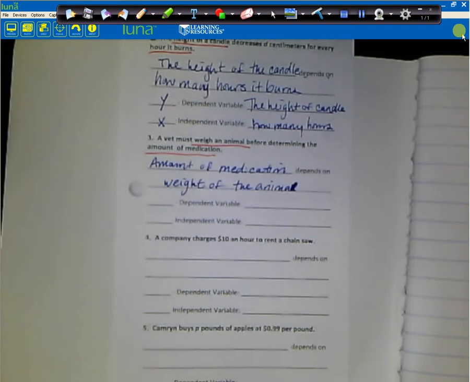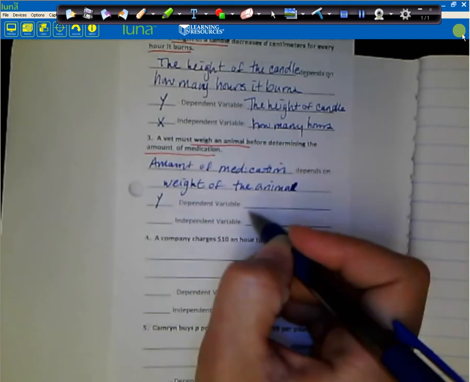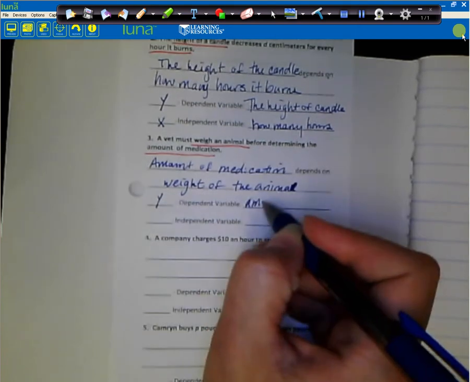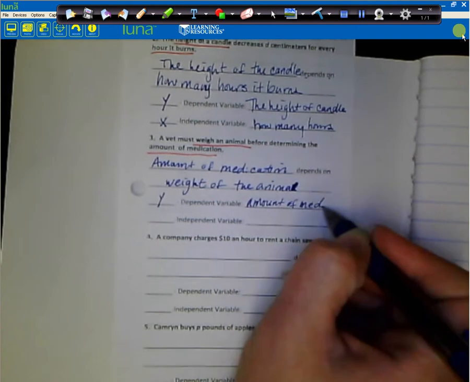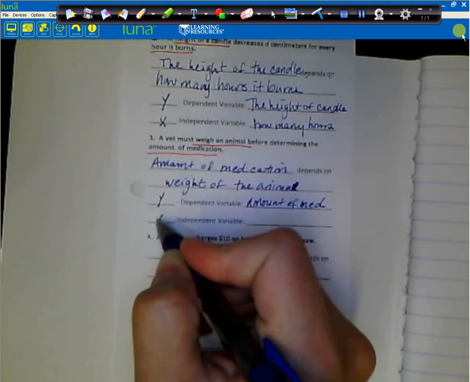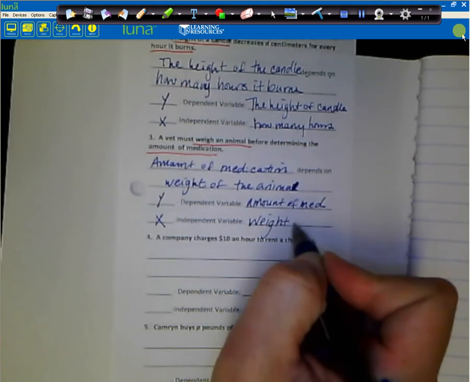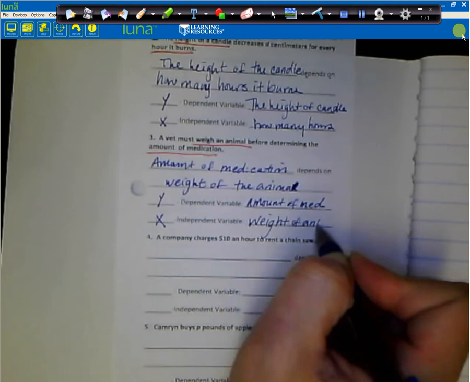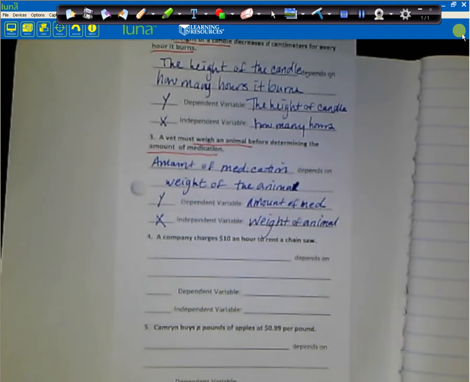The amount of medication depends on the weight of the animal. So my dependent variable, the one that depends on the other, is the Y, and it is the amount of medication. And it depends upon my independent variable, which is the X, which is the weight of the animal. The animal's weight is not going to change depending on how much medication they give it.